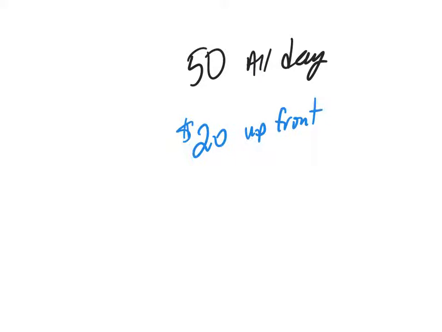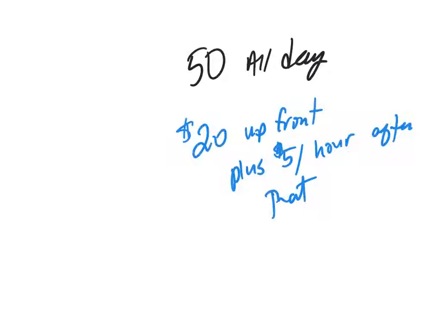Even if you only kept it for 5 minutes, you got to pay $20. Plus $5 per hour after that. Well, let's call this black one store A. Let's call this blue one store B.